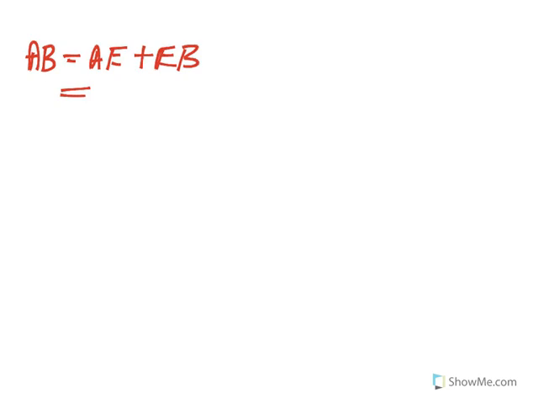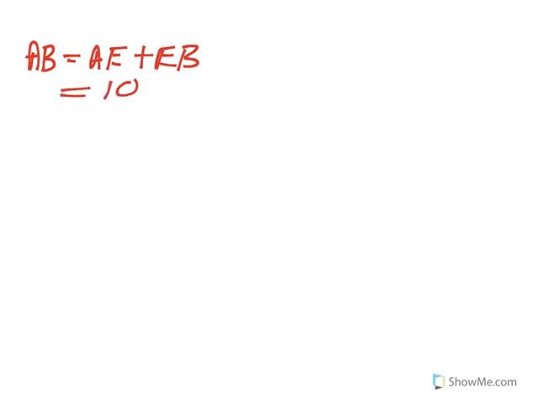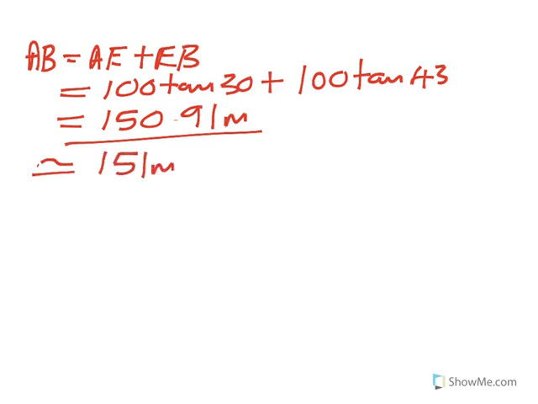Our AE was 100 tan 30 and the other one is 100 tan 43. So you are adding 100 tan 30 plus 100 tan 43. If you use a calculator, you are going to get 150.91 meters, and then approximately that gives us almost 151 meters.